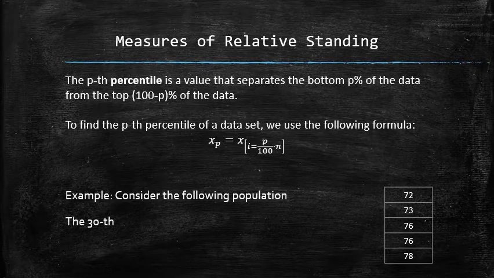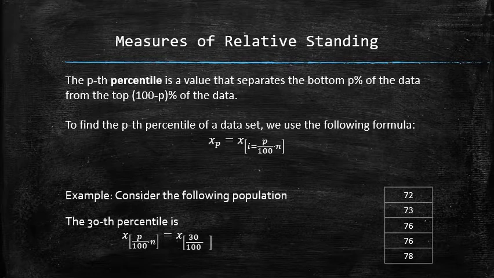So to find the 30th percentile, we use the formula. We plug in 30 for p and 5 for n, and we compute the index as 1.5. After rounding it to 2, it turns out that the 30th percentile is x2, which is 73.